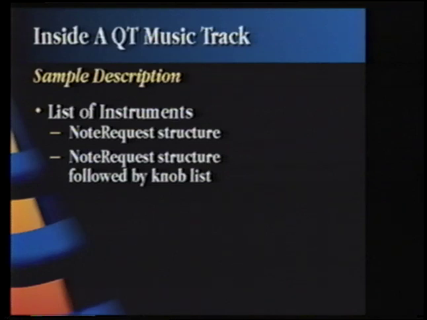Okay, the sample description, deep inside it contains a list of note request structures, and a note request I will describe in a moment, but it's a data structure that specifies exactly what kind of musical instrument is requested for the part. It could also be a note request with a list of knob changes, which are adjustments to individual sound parameters for a specific device, and they're ignored if that device is not found.